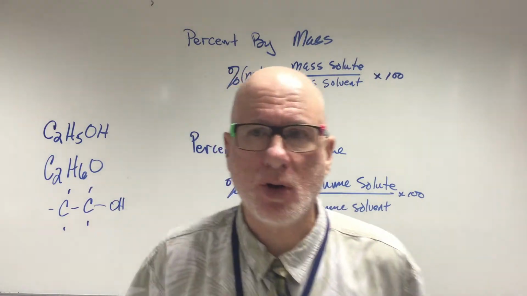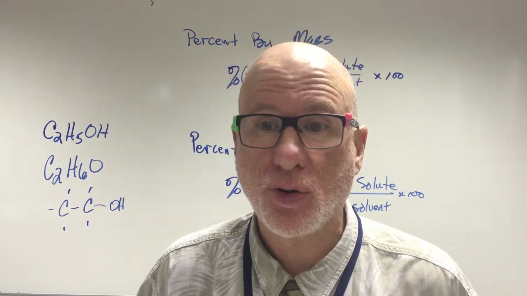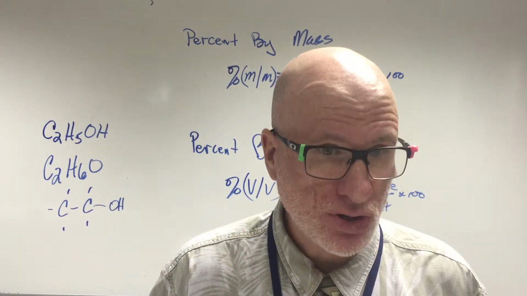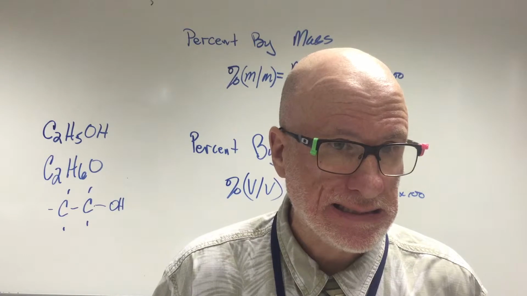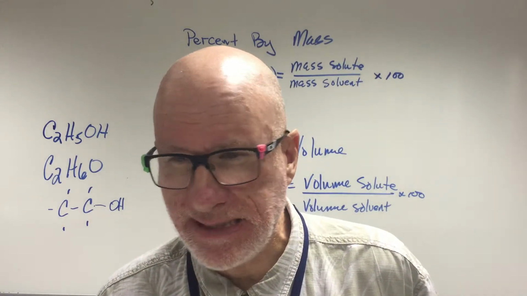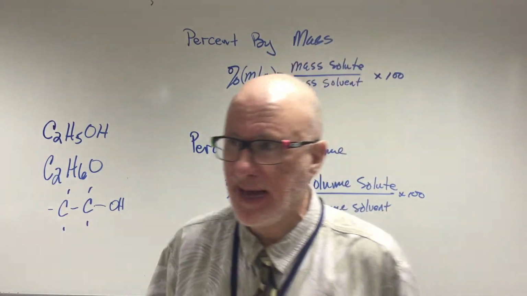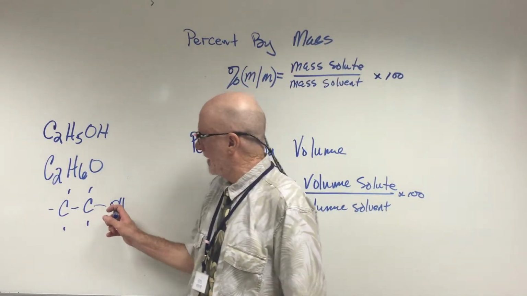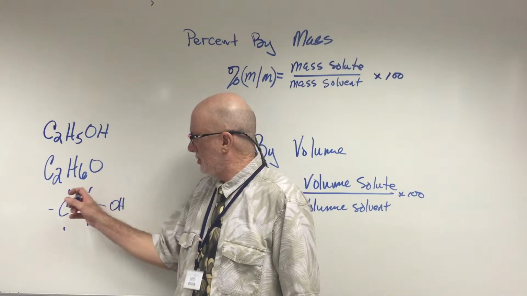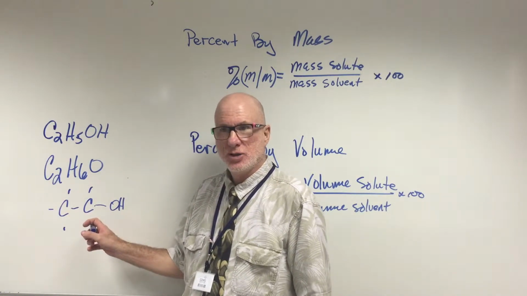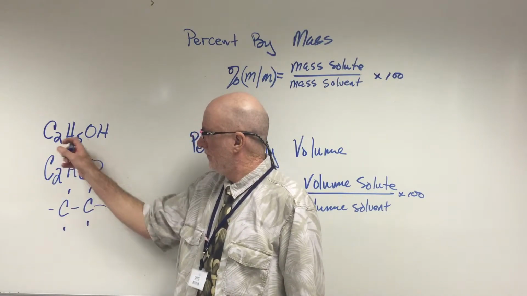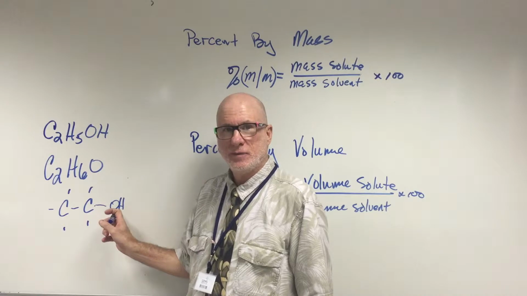Now the OH is called a functional group in organic chemistry. And that functional group, that OH, means that it's an alcohol. It's not hydroxide, it's different. When that OH is bound to a hydrocarbon, C2H5, and then OH, that's an alcohol.